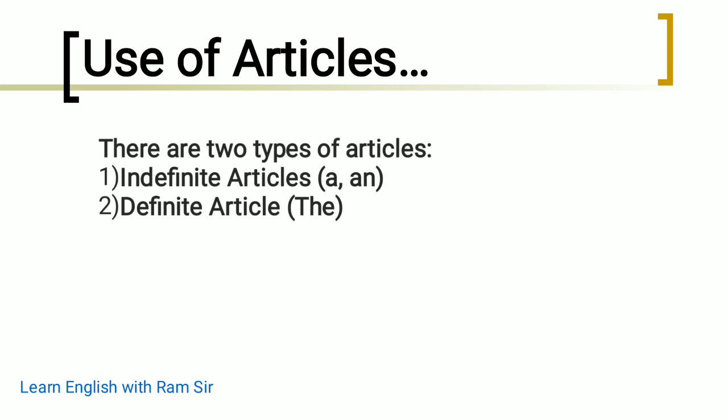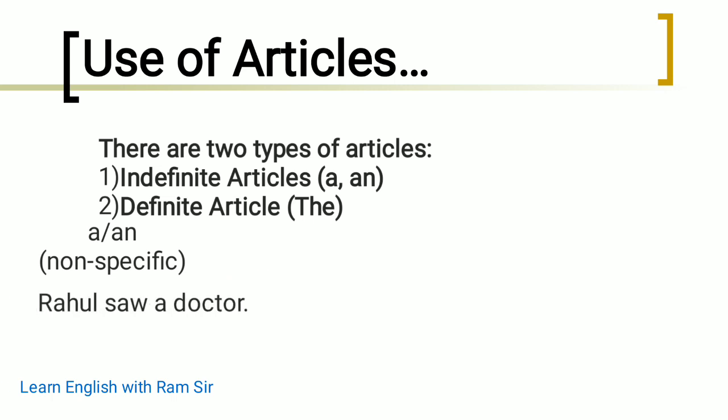So let's see what is the difference between indefinite and definite articles. Here I have specified that a or an are the articles generally used whenever you would like to mention non-specific things.